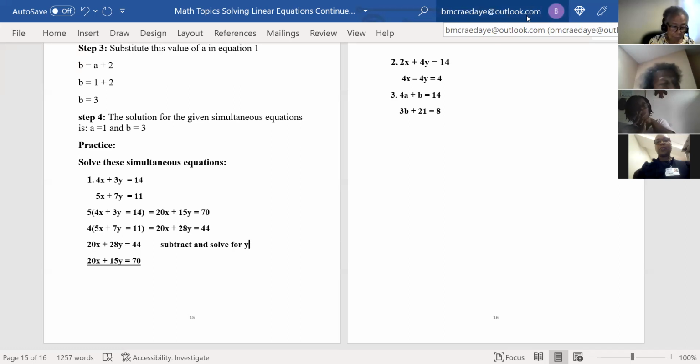Twenty x minus 20x is 0. So 28y minus 15y, put that value there. Then 44 minus 70.